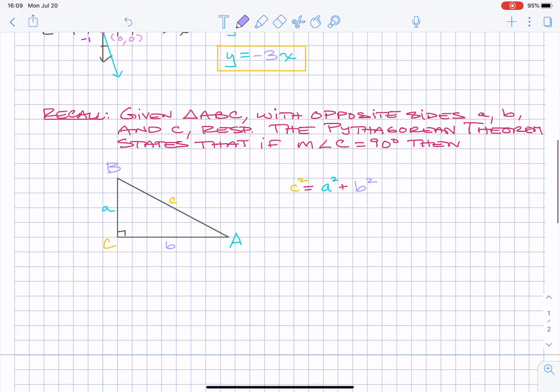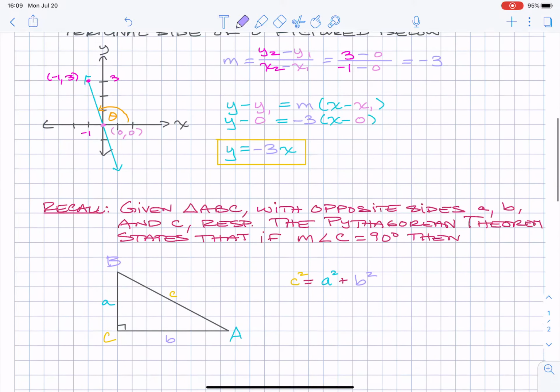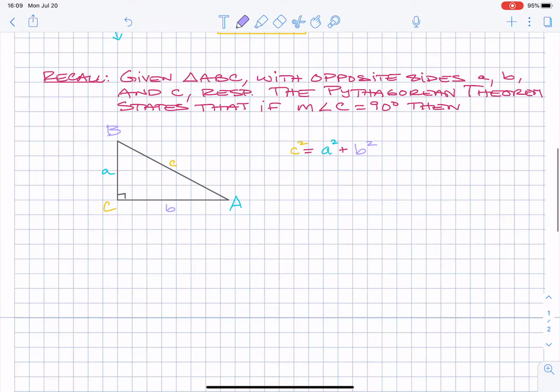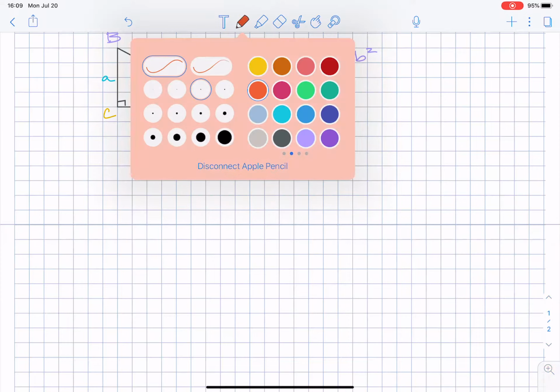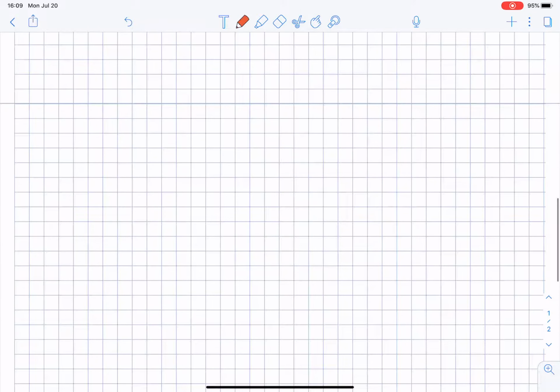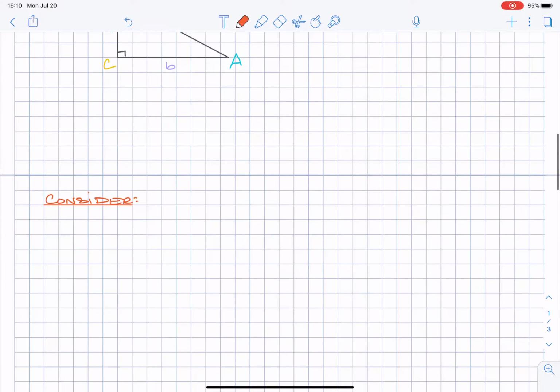Okay, so let's consider then, do I have enough space? No, I'll go down to the next page. So let's consider an angle in standard position. Maybe I'll have enough room, I'll put it up here.